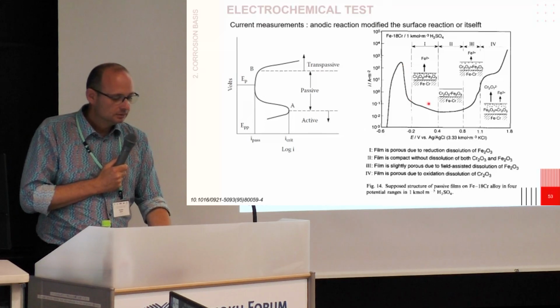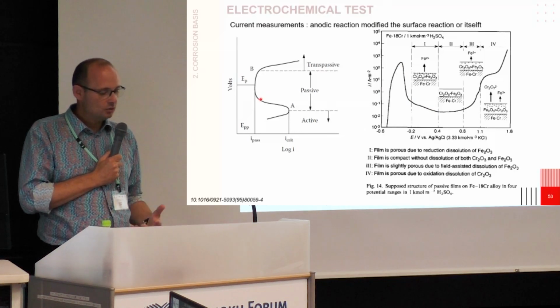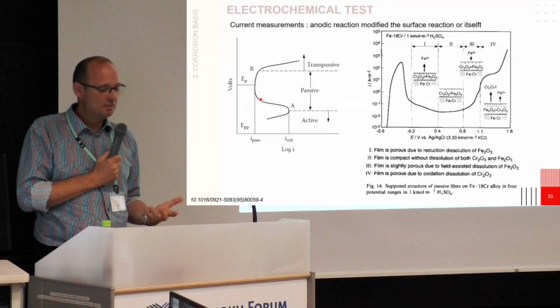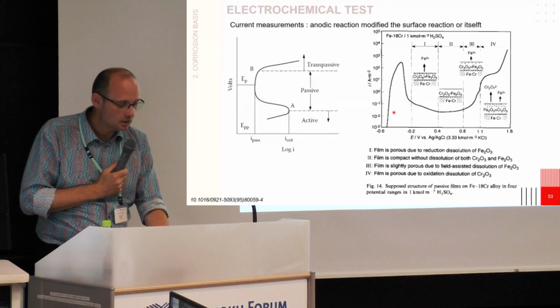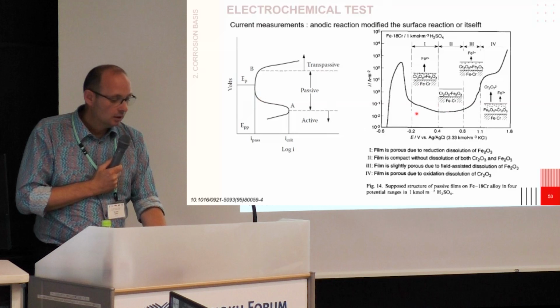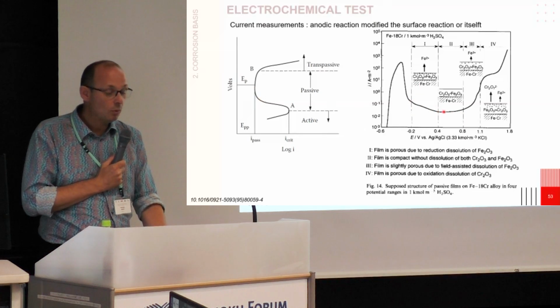So here and here, the current is decreasing because I create something on the surface which is able to limit the dissolution of the metal. If it's for stainless steel, it will be a chromium oxide. The chromium oxide here will still decrease the current. Why?